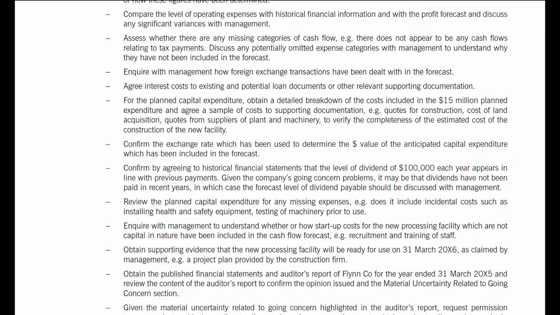Obtain a detailed breakdown of costs included in the $15 million planned expenditure and agree a sample of costs to supporting documentation. For example, cost for construction, cost of land acquisition, cost from suppliers of plant and machinery, to verify the completeness of the estimated cost of the construction of the new facility.